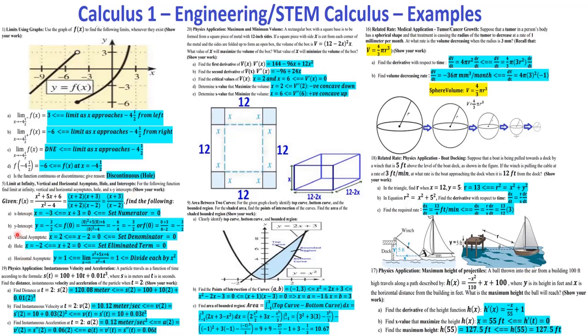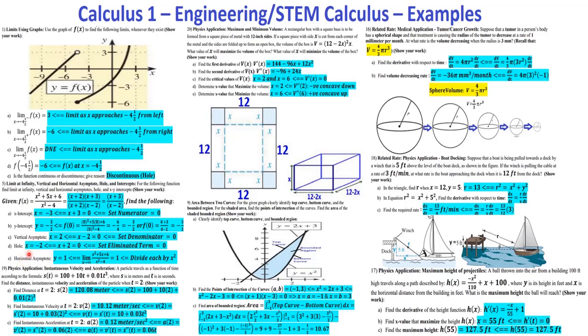Then to find the y-intercept, you simply put x equal to 0, so that is minus 3 over 2. Then to find the vertical asymptote, we simply set the denominator equal to 0, which is x minus 2 equal to 0, that is x equals 2. Then to find the hole, you set the eliminated part, which is x plus 2, equal to 0, then x equals minus 2 is the hole.